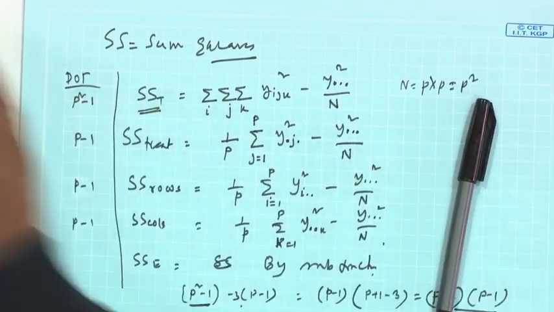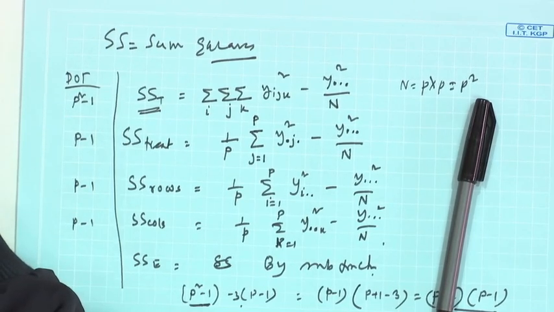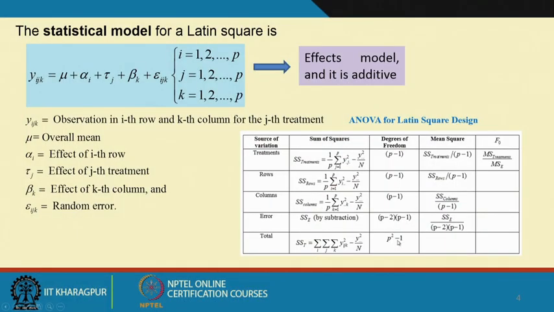As a result, you see that the degrees of freedom are p minus 1, p minus 1, p minus 1, p minus 2 and p square minus 1. So, calculate mean square, calculate F, that is what is to be done.